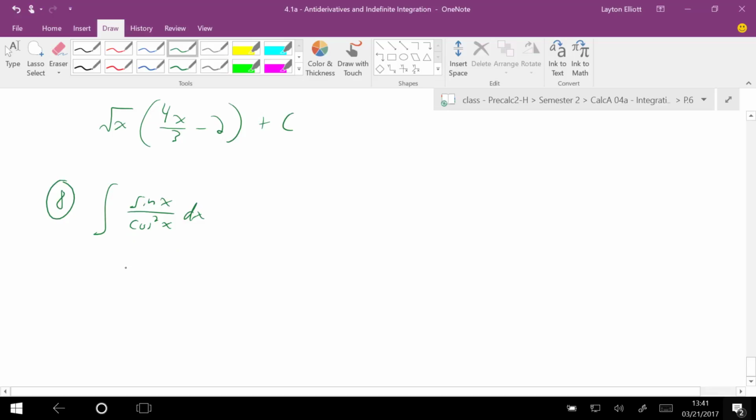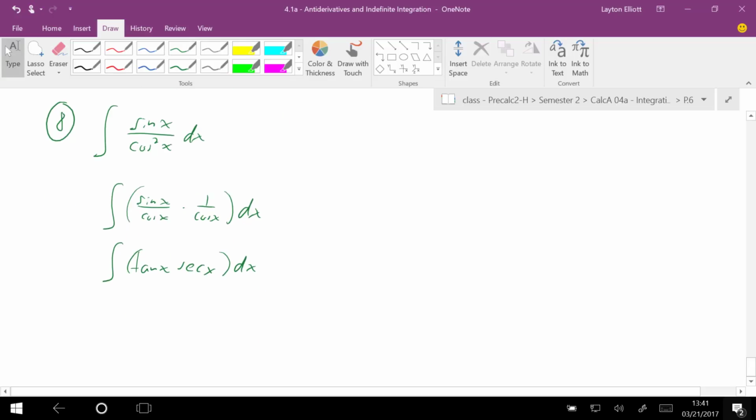One of the ways I can do that is by rewriting this as sine x over cosine x times 1 over cosine x, and then changing each of those parts into the tangent x secant x dx. And if you remember your derivatives, the derivative of secant is secant tangent. So this is secant x and then plus c.